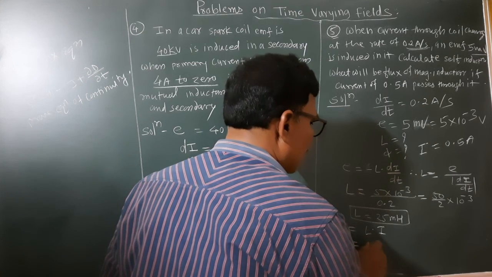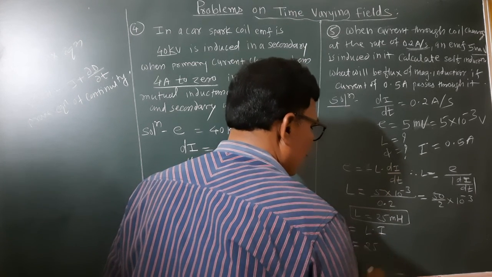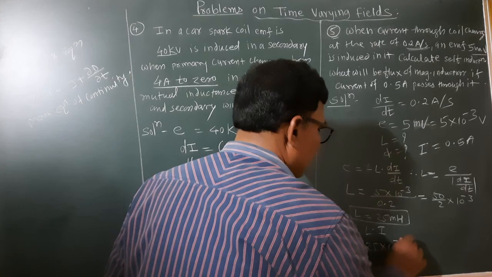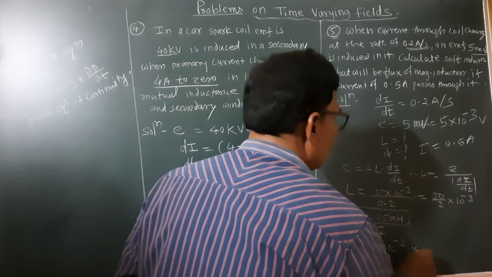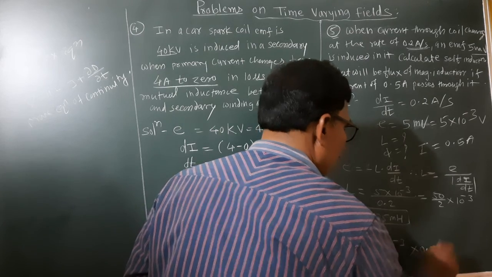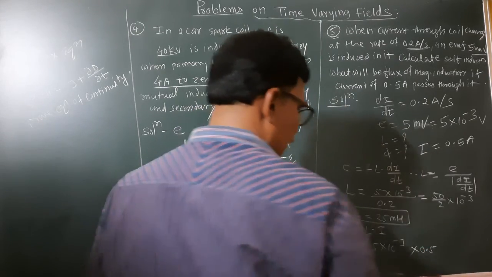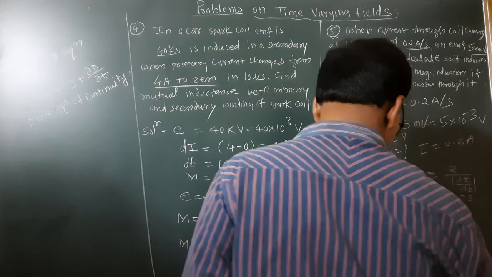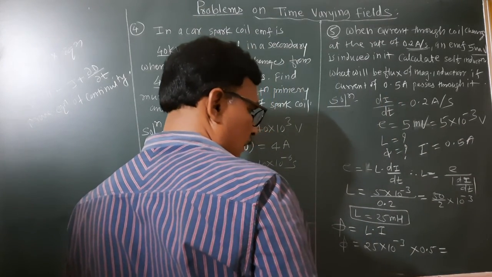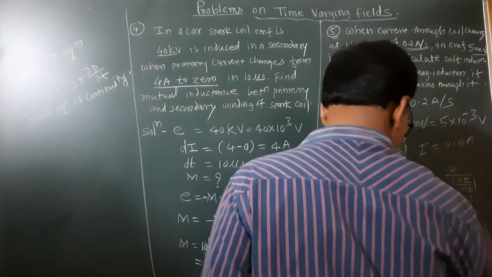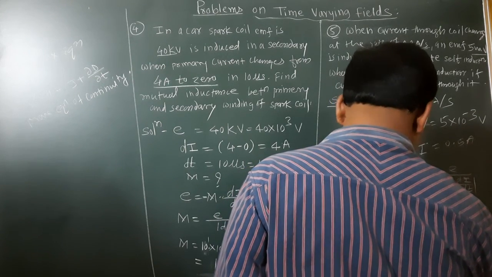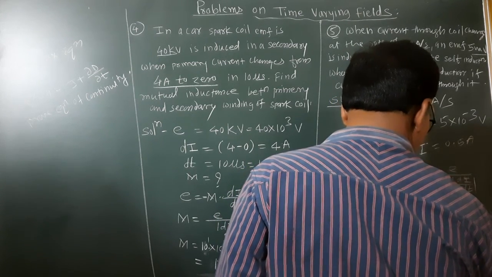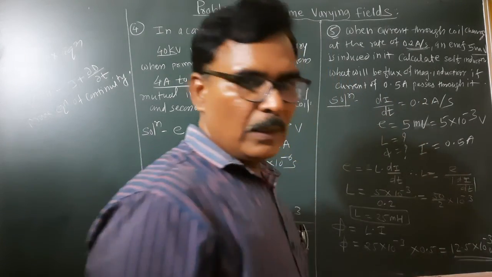So phi is equal to L, which is 25 into 10 to the power minus 3, into I, which is 0.5. That gives 12.5 into 10 to the power minus 3 Weber. This is the answer we have.